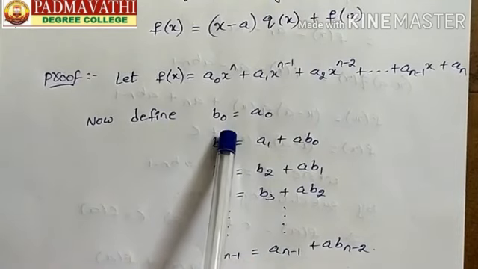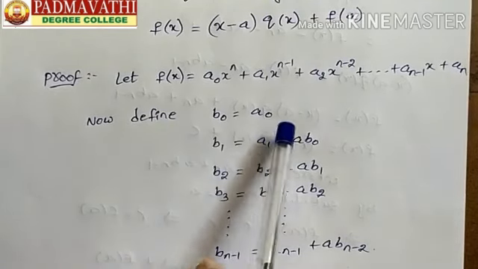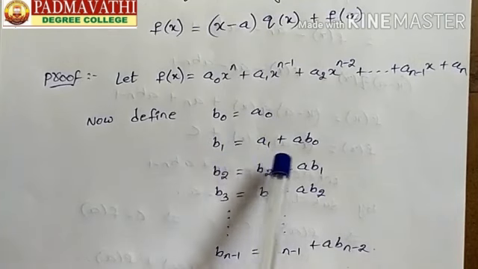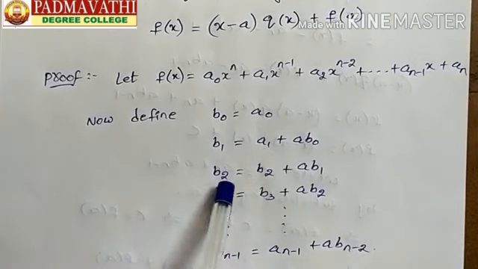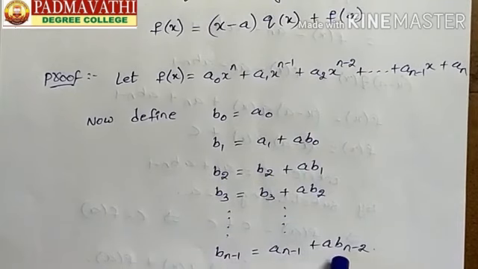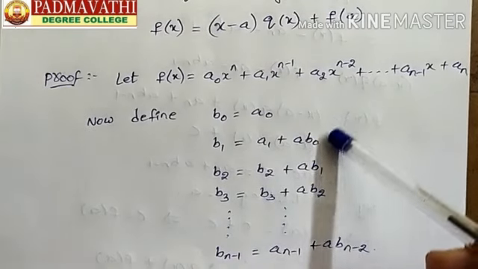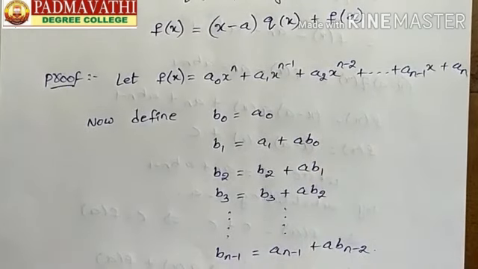So b naught equal to a naught, b1 equal to a1 plus a b naught, b2 equal to a2 plus a b1 and so on, bn minus 1 equal to an minus 1 plus a bn minus 2. Like this we are defining the coefficients of the q of x expression.